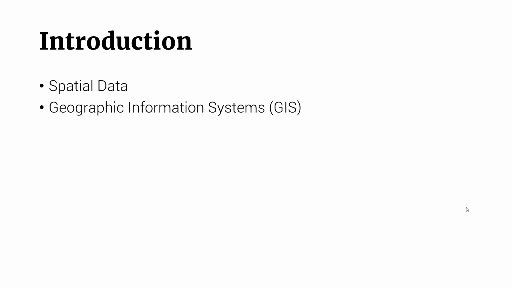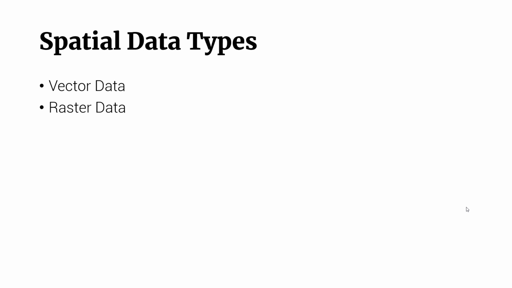And the geographic information system itself, our emerging technology, is a system designed to capture, store, manipulate, analyze, manage and present spatial or geographic data. So we have two types of spatial data, the vector data and the raster data.